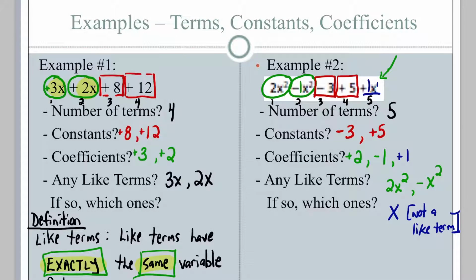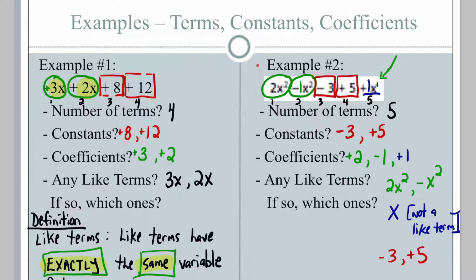And then finally, we have two constants which we can consider as like terms. Constants are going to be like terms. Do they have the same variable? Well, in this case, technically, yes, they do have the same variable in that they do not have one. So they are the exact same.